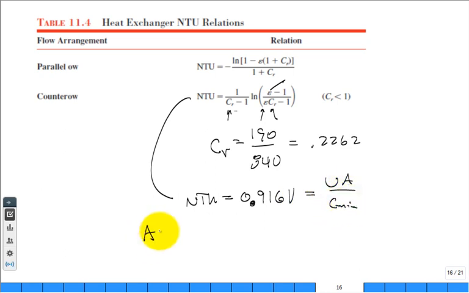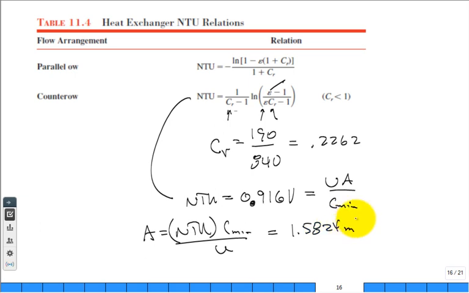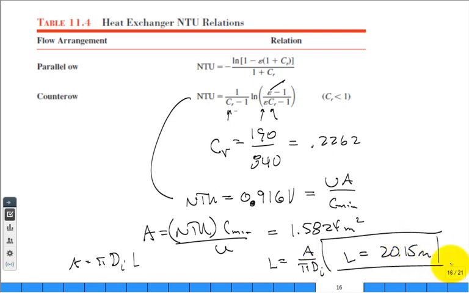Hence, the area is the number of transfer units times C min divided by U. And for this problem, the area comes in 1.5824 meters squared. And that area is pi d inner L, hence L is equal to area divided by pi d inner, and the L comes in at 20.15 meters. It's the same answer, 20.2.